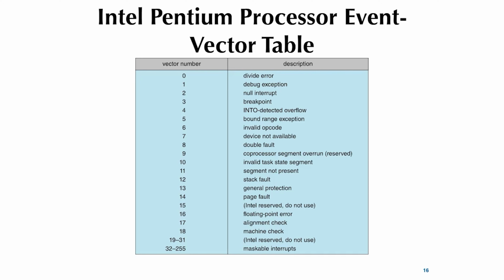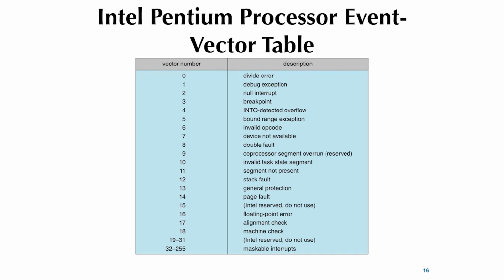What are some errors? So divide by 0. You could actually set it up so that it jumps to an ISR just to handle that divide by 0. Or if you have a debugger, it could set it up so that you hit a debugging point and it jumps to an ISR. Or a breakpoint, yeah, breakpoint is another one. So you can think of it as, you hit this execution point, and that ISR takes over.